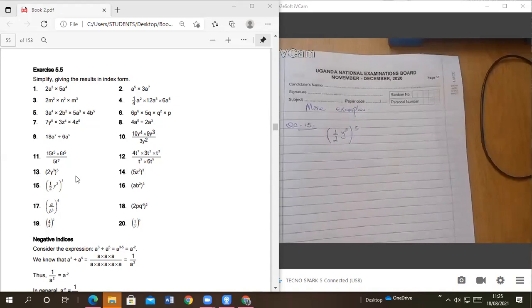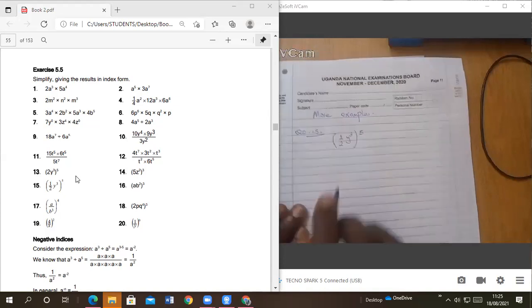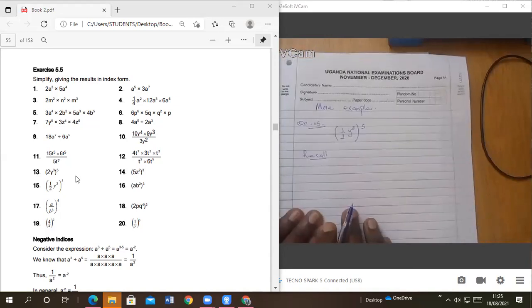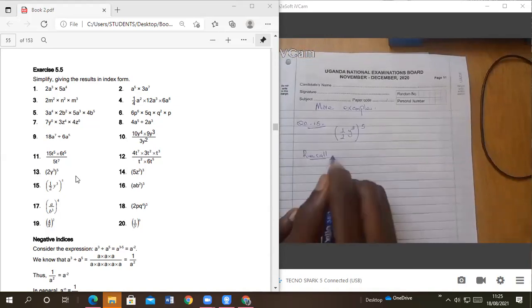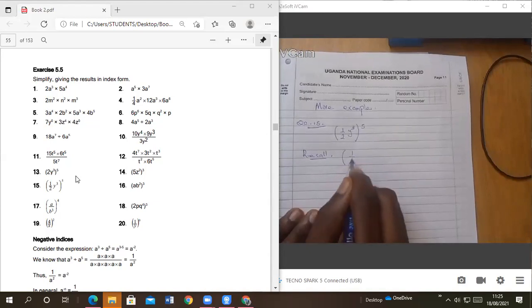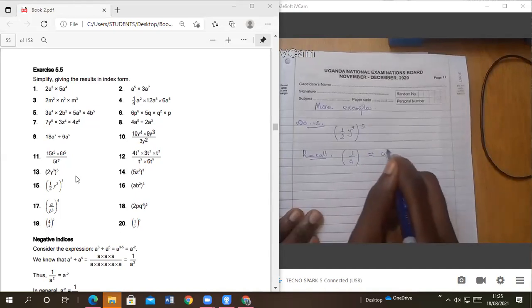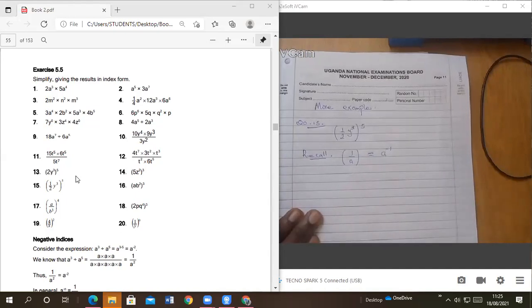Now, what we are going to do here is recall. If I have 1 out of A, 1 out of A is the same as A to the power negative 1. Do you remember that?